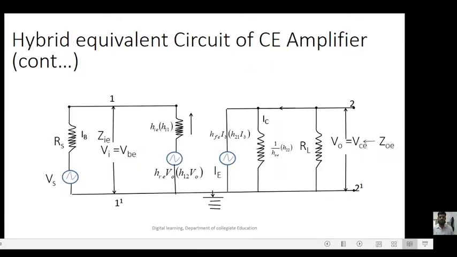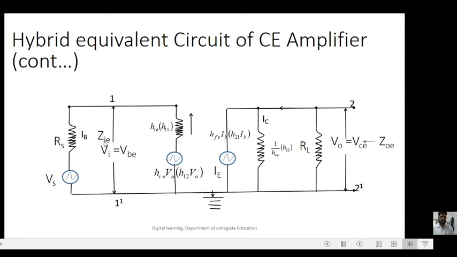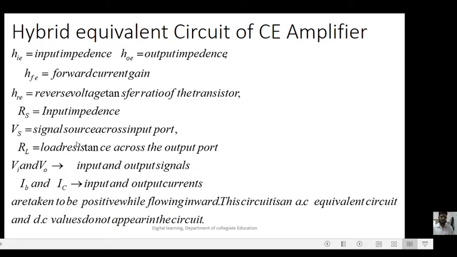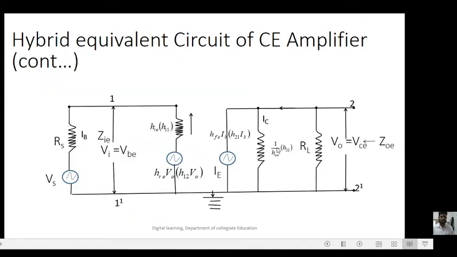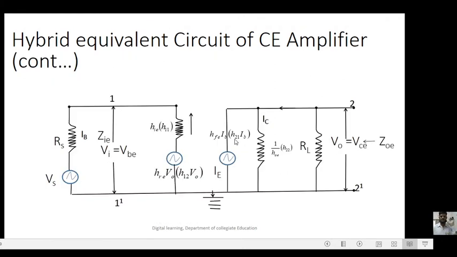The hybrid equivalent circuit of a CE amplifier is shown in the figure. Here Vs is the signal source across the input port, Rs is the source resistance, Ib is the base current, and RL is the load resistance across the output port. This is the output port and this is the input port.